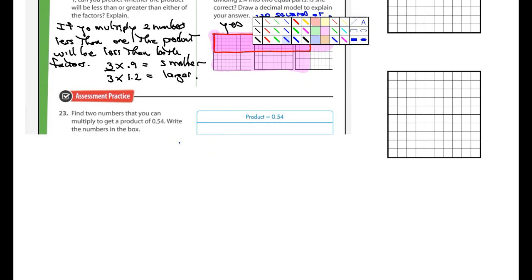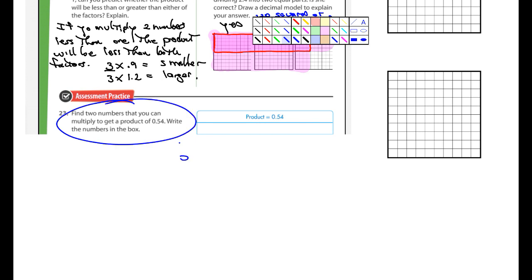All right, last one. It says find two numbers that you can multiply to get a product of 0.54. Write the numbers in the box. Well, let me ask you this, and I'll let you guys do this one on your own. They're not asking you to shade anything. It says a product of 0.54.